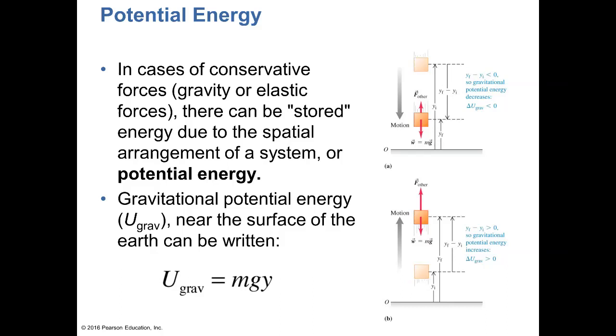If you move the object above the table and you let go, the object is basically dropped, and when it's going down, gravity is acting on it. That means this gravitational potential energy is a kind of stored potential energy.